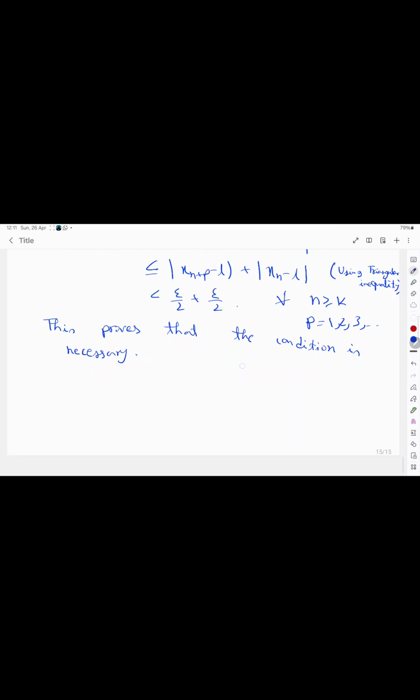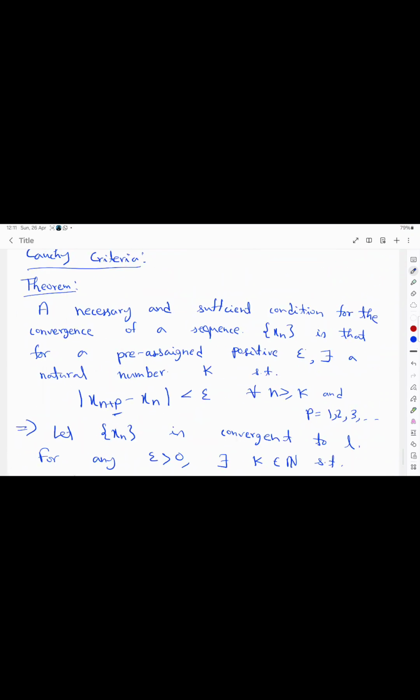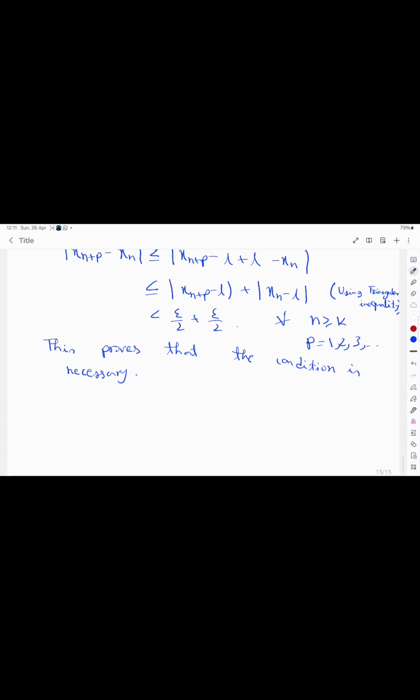Now you have to prove the sufficiency, that if your sequence satisfies this criterion, then it is enough for convergence. So this is sufficient.